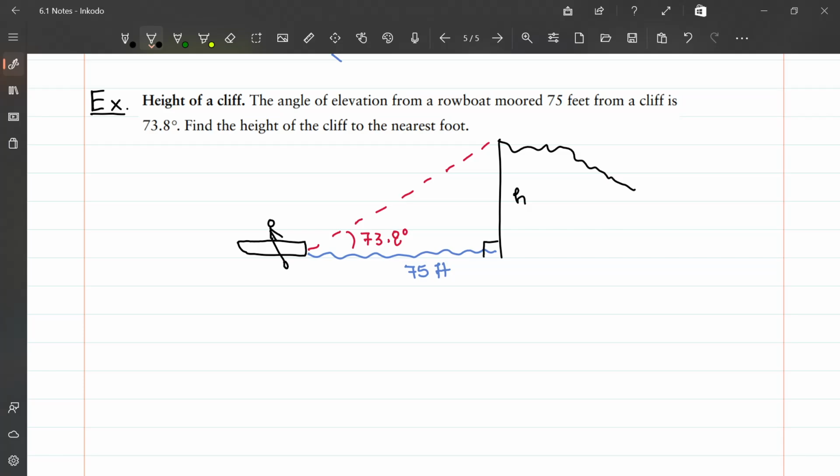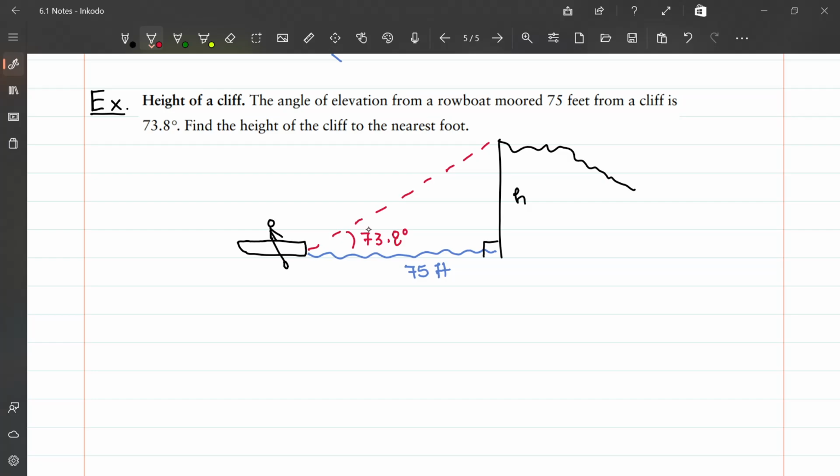So let's ask ourselves, in a right triangle, what would relate h, the side adjacent right here, this 75 feet, and this angle of 73.8 degrees? Well, I may have actually given this away pretty quickly. Looking at this picture, I know a trig function that relates these three values to one another, and it would be tangent.